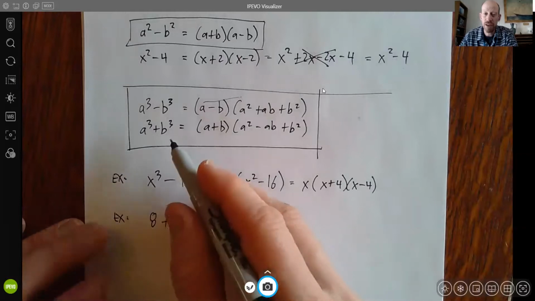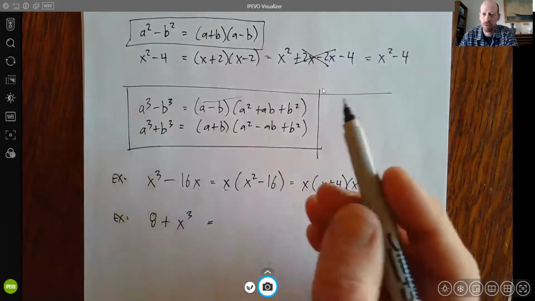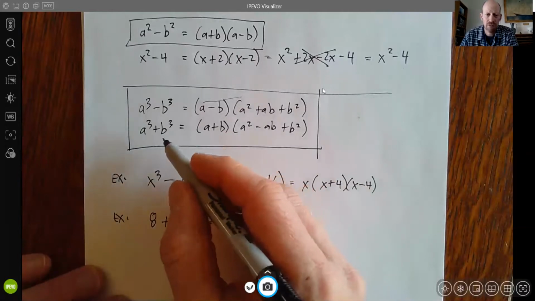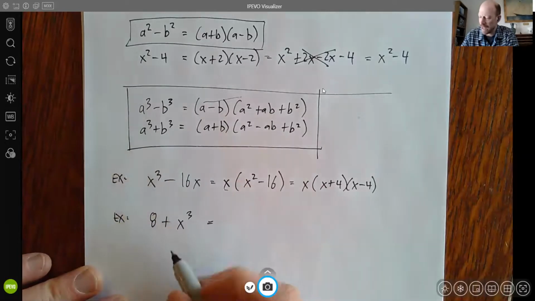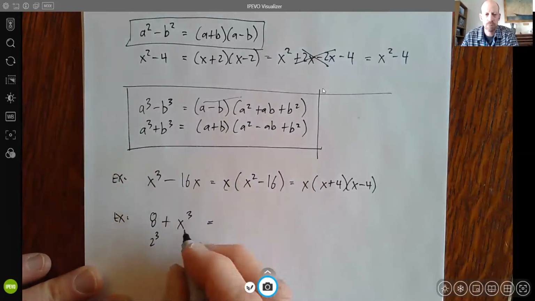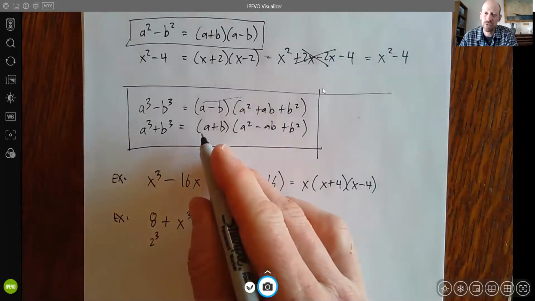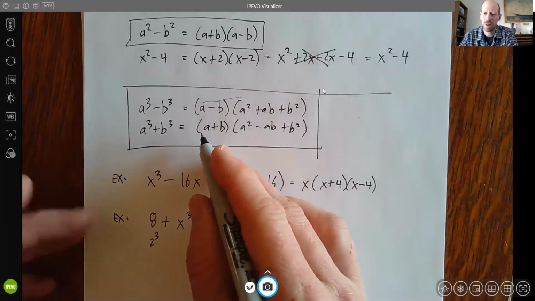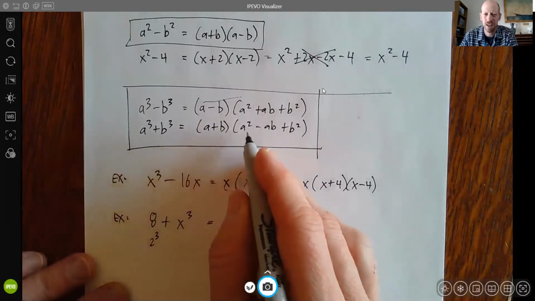If it doesn't fit, then we don't have a way of factoring it. So it has to be one of these 3 types, or else it's going to be prime. It's got a plus in the middle, so our only chance is this one. And I know that 8 is really 2 cubed. So this does fit this pattern. And what's nice is once you see that, you don't have to do a lot of thinking. You just have to put the right values in for a and b.